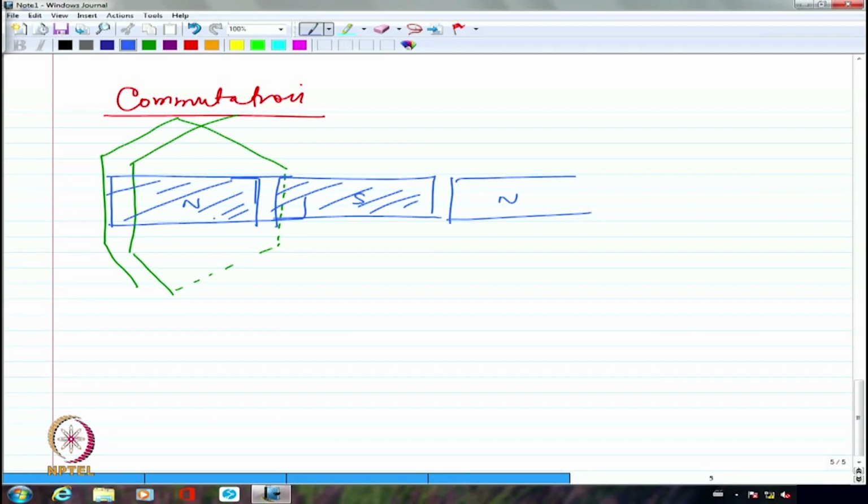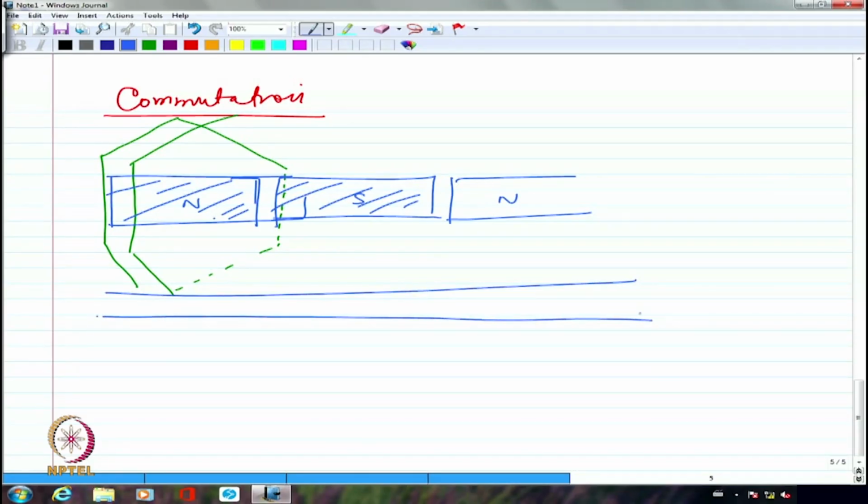Now, we told also that the brushes are inserted. For every pole, one brush will be inserted if I am talking about the lap winding. For every pole, I will have one brush. So let us say from this junction, I am having one commutator segment. From here, I am having another commutator segment and so on and so forth. So maybe I have one commutator segment, second commutator segment, third and so on.